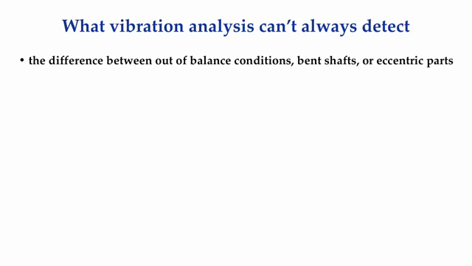All of these conditions will exhibit what appears to be an out-of-balance condition, and in fact, permanently bent shafts and excessive runout are out-of-balance conditions. But how you go about correcting these problems would be different depending on what issue it is. To me, it doesn't make much sense trying to balance a rotor that has a permanently bent shaft.